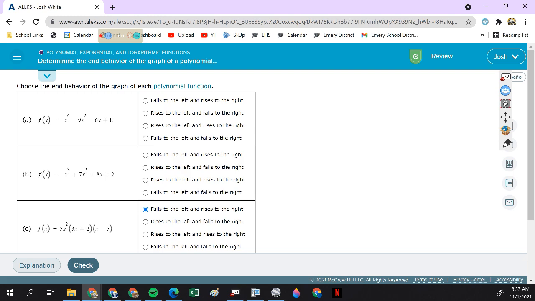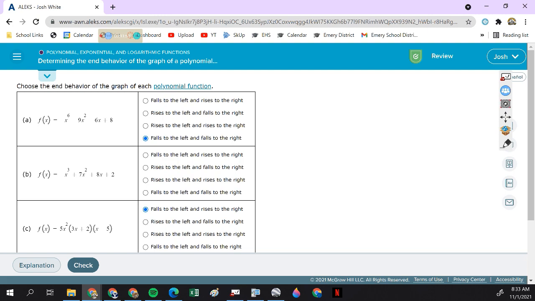It's going to be an x to the 3rd type graph that's, oh, sorry. No, it's a triple U. It's not a double M. It's a triple N. Well, it's upside down. So it's going to be a triple N. So that would be falls to the left and falls to the right. So it'd be this one.